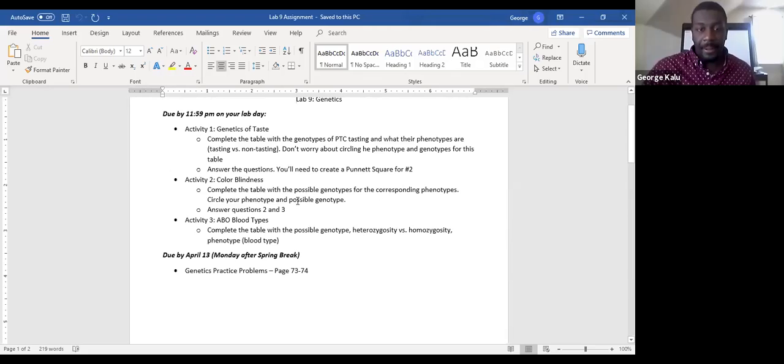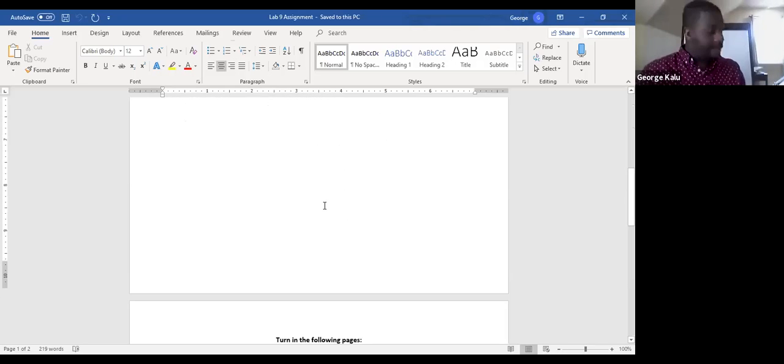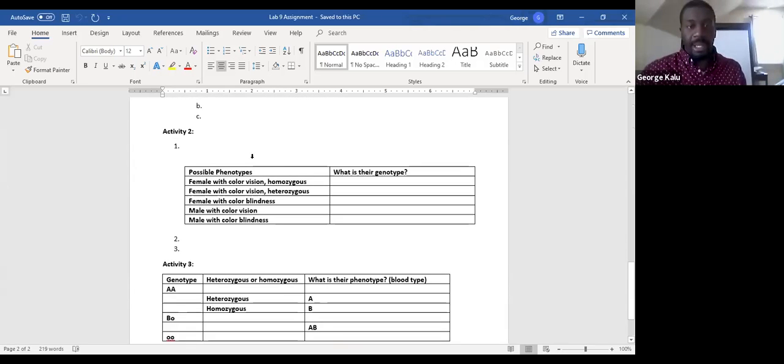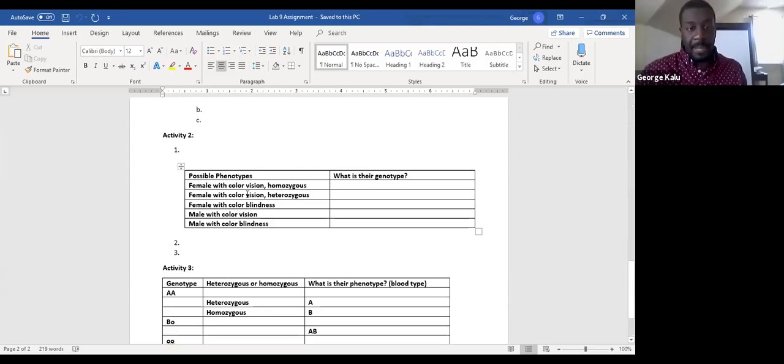Any questions on activity 1? No. Okay. For activity 2, we're going to be looking at color blindness. If you remember, color blindness is an X-linked trait. You're going to be filling in this table. Here we have the possible phenotypes, and you're going to list what their possible genotypes could be.